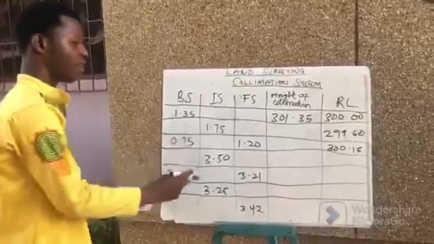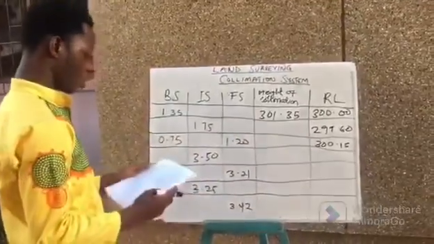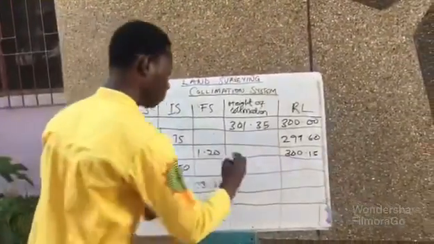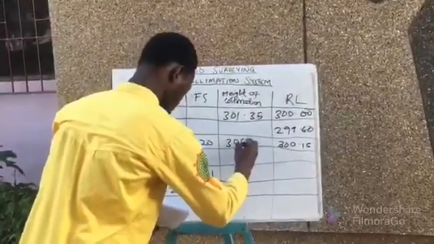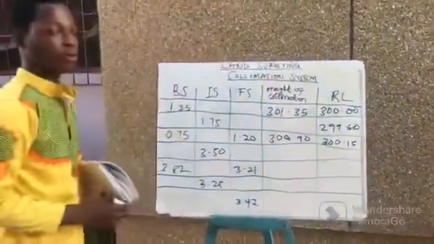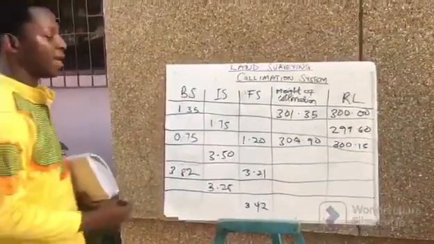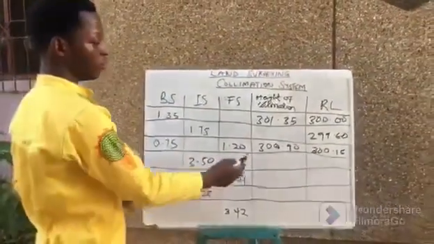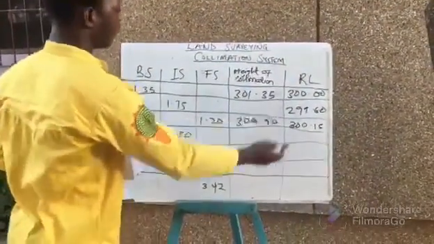So 0.75 plus 300.15 will give you 300.90. So I have my next height of collimation to be 300.90.